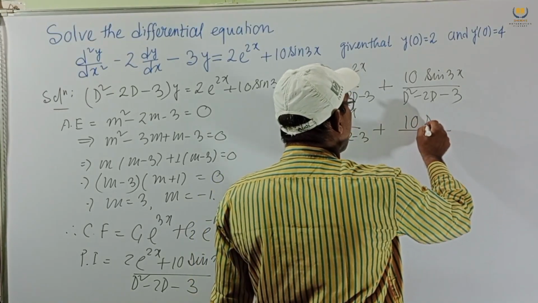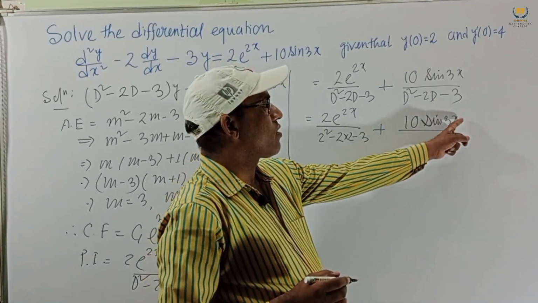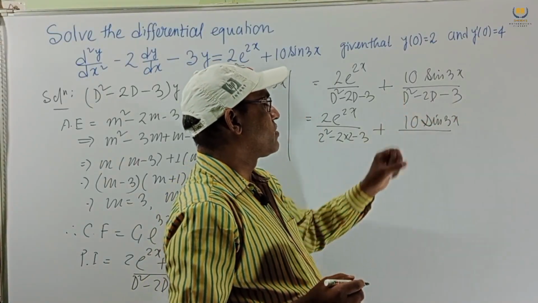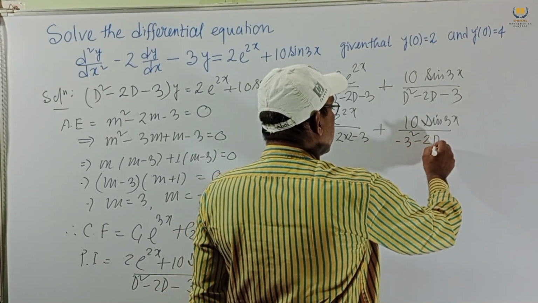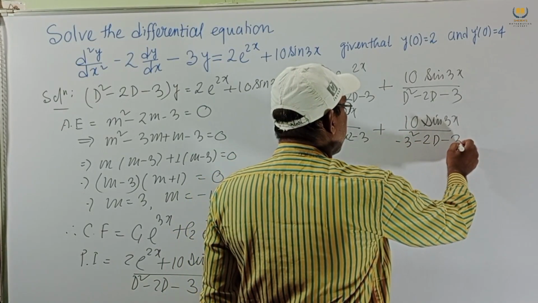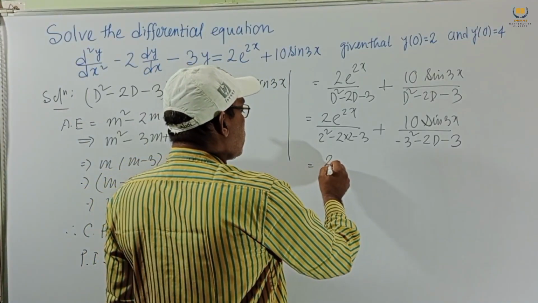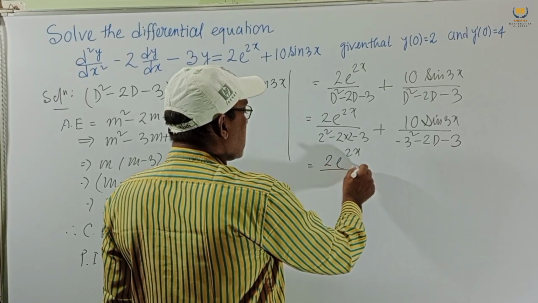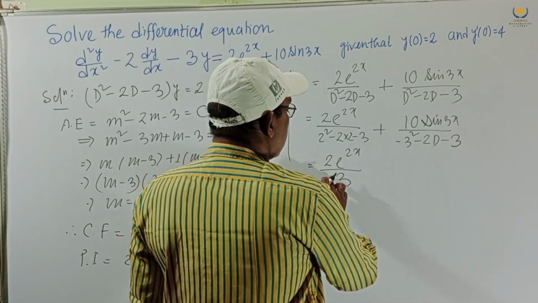And this is trigonometric, sin 3x. We put the coefficient of x, this 3, in place of D squared with a minus sign: minus 3 squared, minus 2D, minus 3. We get this. So this is 2 e to the power 2x over 4 minus 4 minus 3, the 4s cancel, we get minus 3.